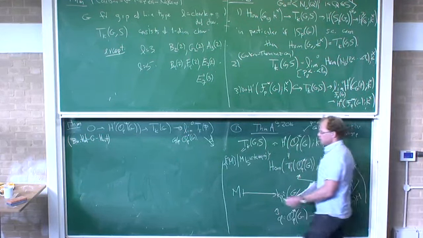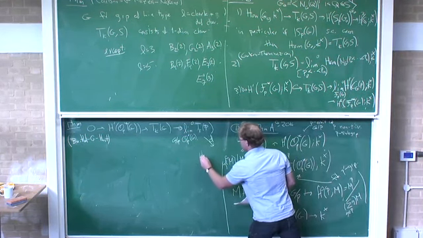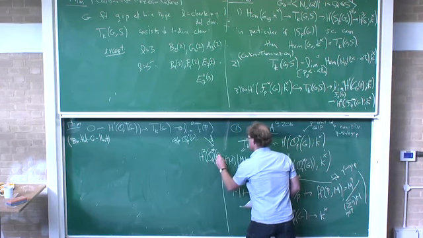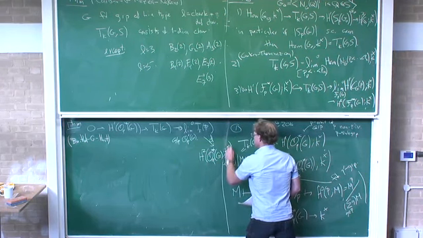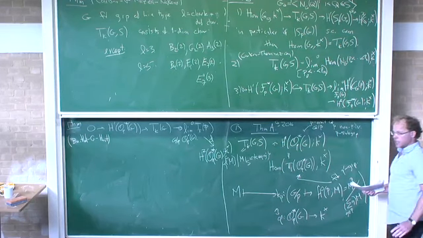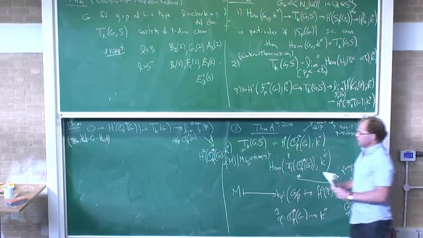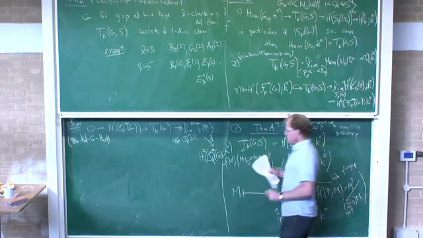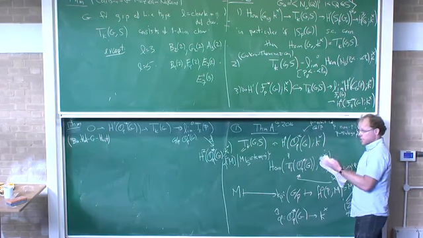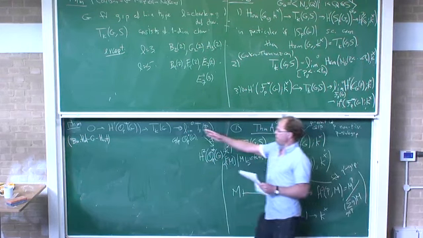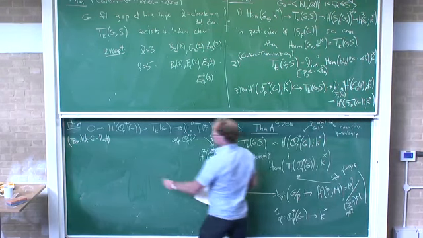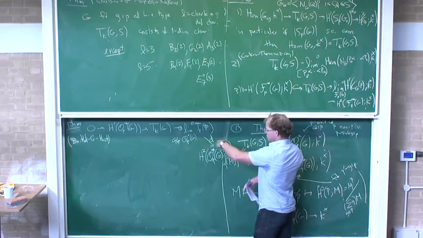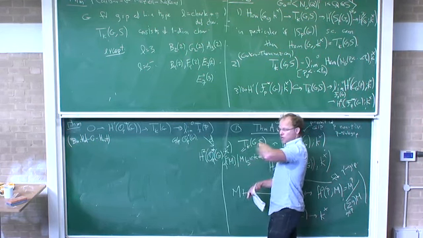We have a differential which goes to H2 over the whole category with values in K star. So then you might ask, what is this map exactly? First of all, you could ask, is this map trivial or not?